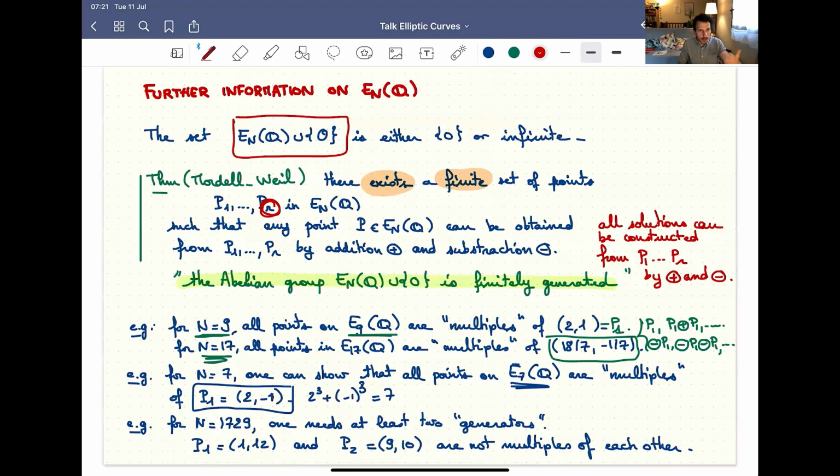In the examples here, you can actually prove that you find one point and it's enough, but that's not quite easy. In general, very little is known about R, how many points you need to generate all solutions, and very little is known about how to compute P1 up to PR. Thank you.